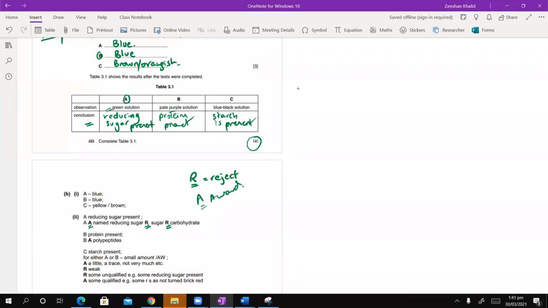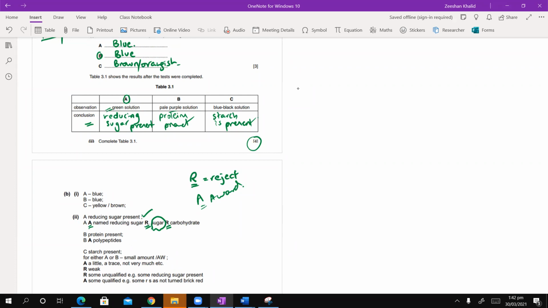ठीक है. So look at the first conclusion, reducing sugar present. Okay. ये reducing sugar present है, उसने कहा है अवॉर्ड नेम reducing sugar. आप अगर नाम याद है, नहीं भी है तो कोई बात नहीं. खाली sugar लिख दिया है, guess what, that will not be acceptable. Why? Because this test is specifically for reducing sugar.